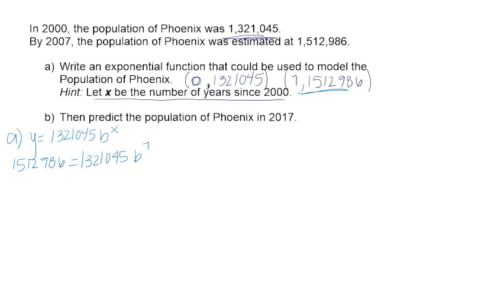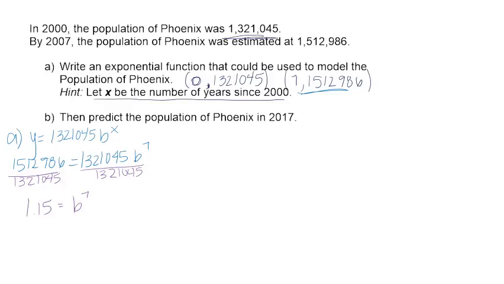All right, I promise they're not always 7th powers. Just these 2 examples. Okay, so now we have to work to solve for b. Again, the numbers aren't pretty, but we can do it, especially if you have a calculator. So we're going to divide each side of the equation by 1,321,045. And when you do that, on this left-hand side, you get about 1.15 is equal to b to the 7th.